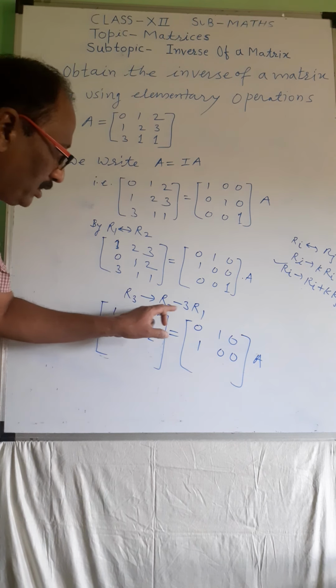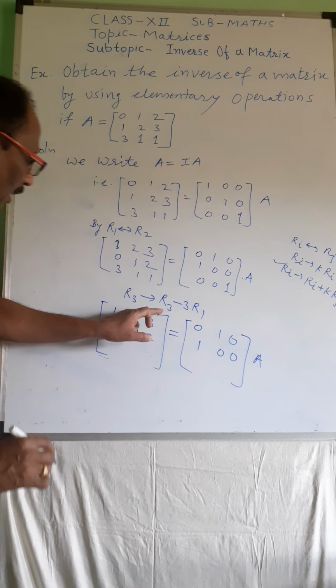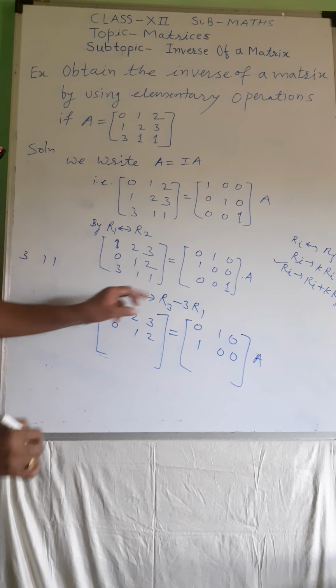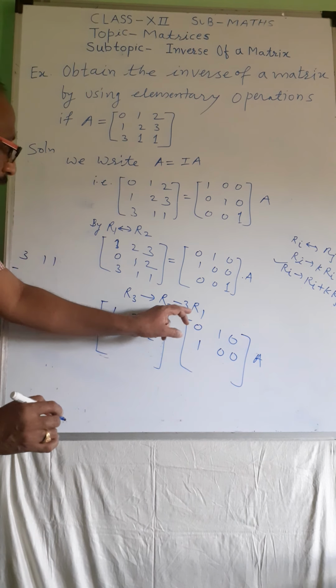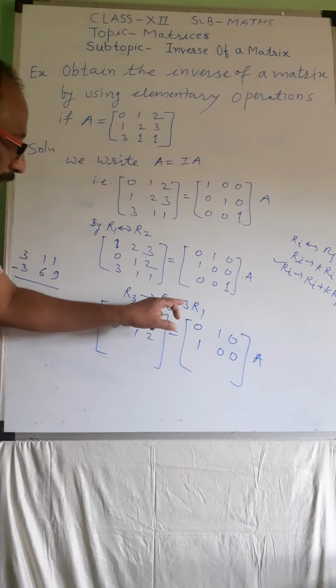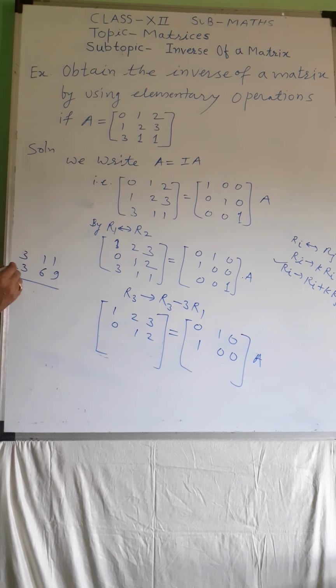R3 changes to R3 minus 3 R1: 3, 1, 1 minus 3 into R1, that is 3, 6, 9. Subtracting, we get 0, minus 5, minus 8.